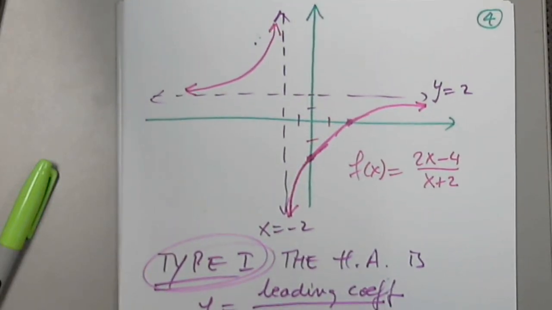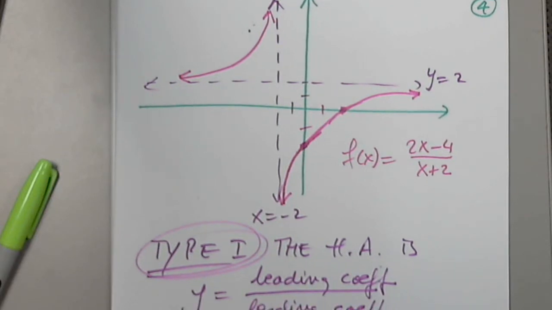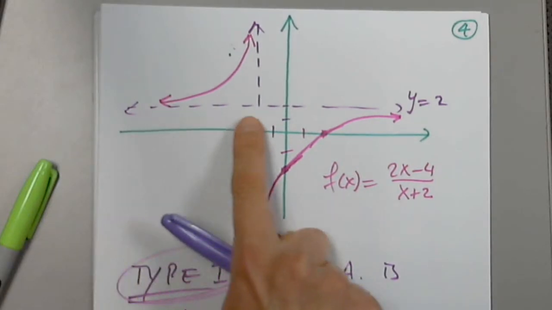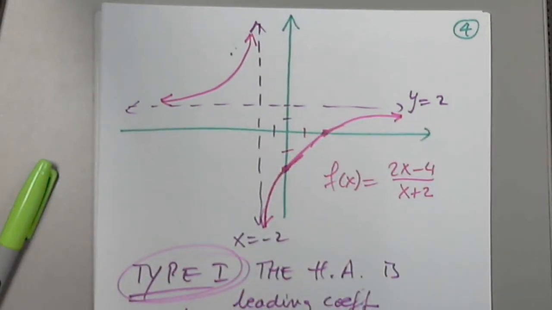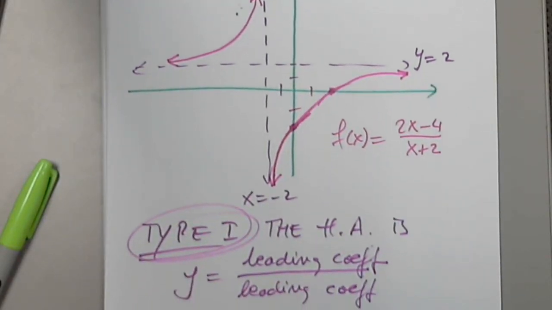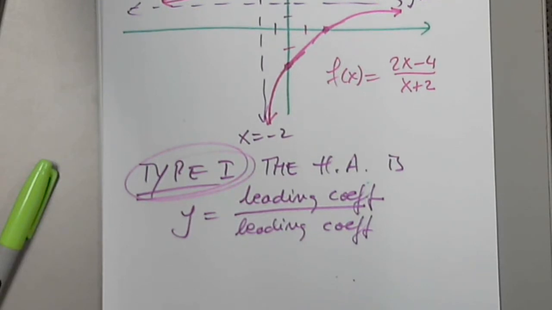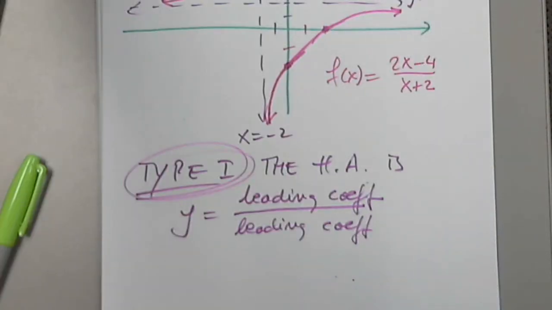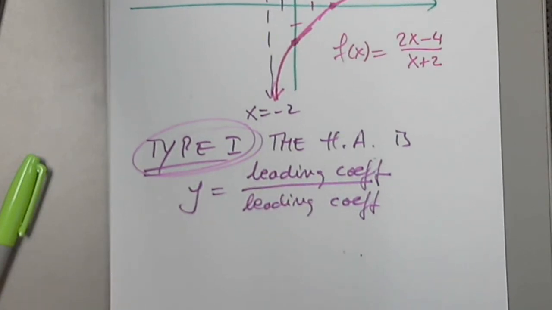Yeah, how you just do it by looking at the leading coefficient. Leading coefficient 2, leading coefficient 1, 2 over 1 is 2. Oh, okay. That's the shortcut. But again, I wanted to show you why and how we get to that. But you don't have to mimic that. It's just, I wanted to show you.